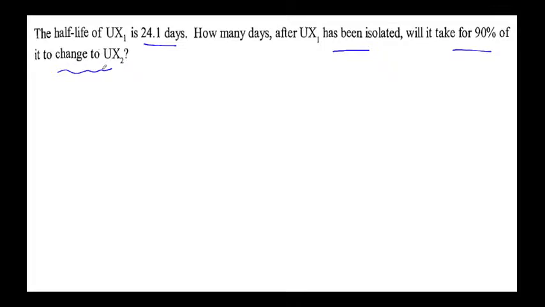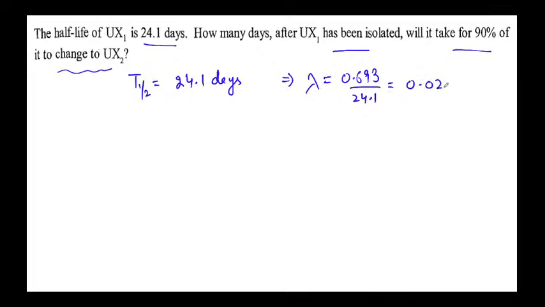So for a substance whose half life is 24.1 days, in how many days will 90% of the substance decay and change into UX2. So T half life is 24.1 days. From this we can calculate the disintegration constant, 0.693 over T half. So it comes out to be 0.0287 day inverse.